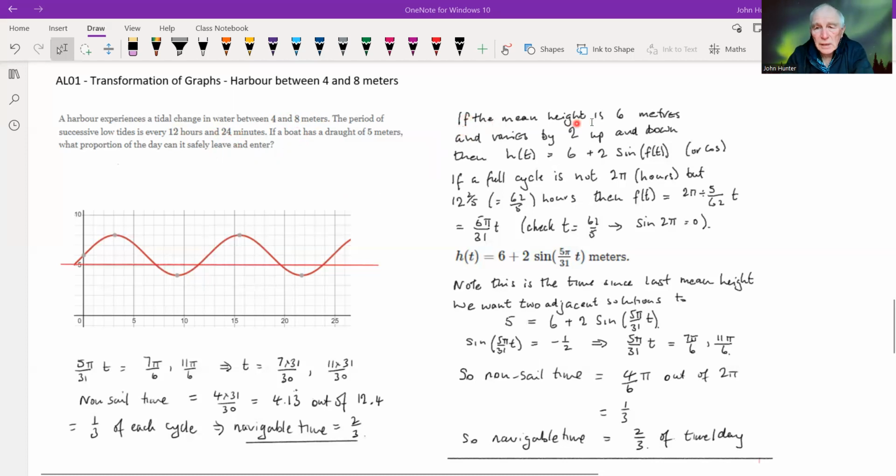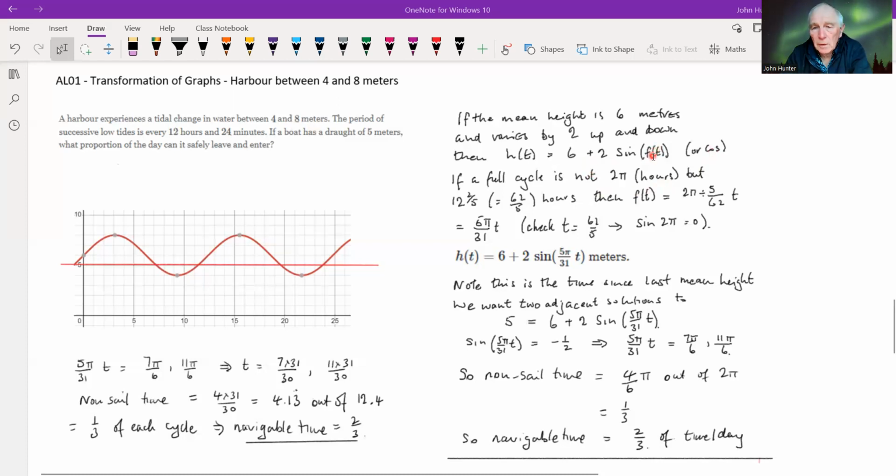If the mean height is 6 meters and varies by 2 up and down, then the height function, which is a function of time, is going to be the mean height plus 2 times sine of some function of t. Incidentally, it could be a cosine function as well. It just depends how much we're going to shift the curve.